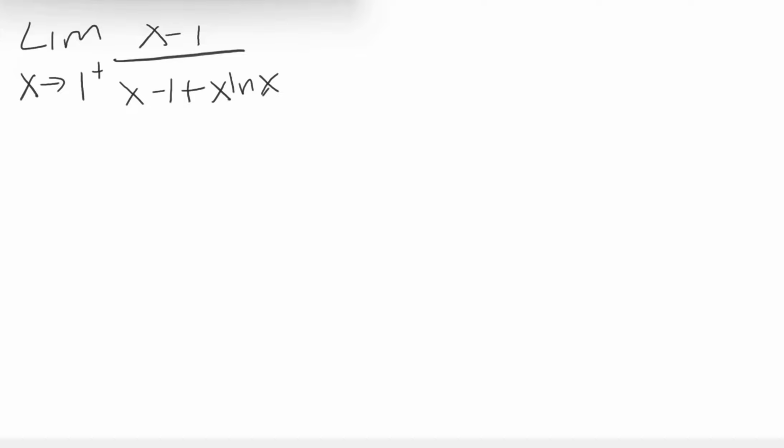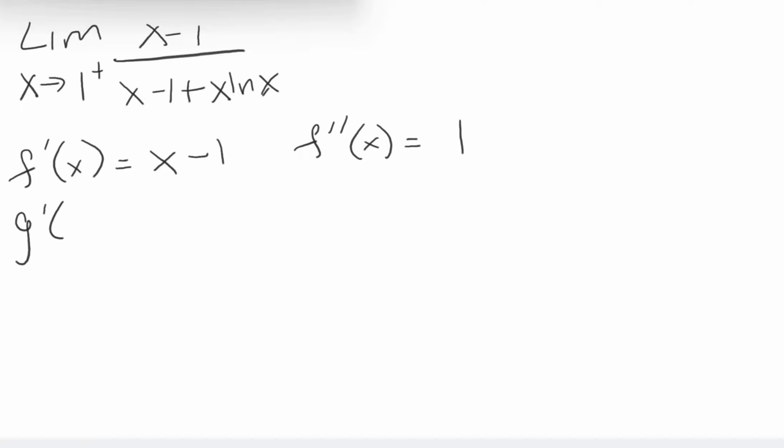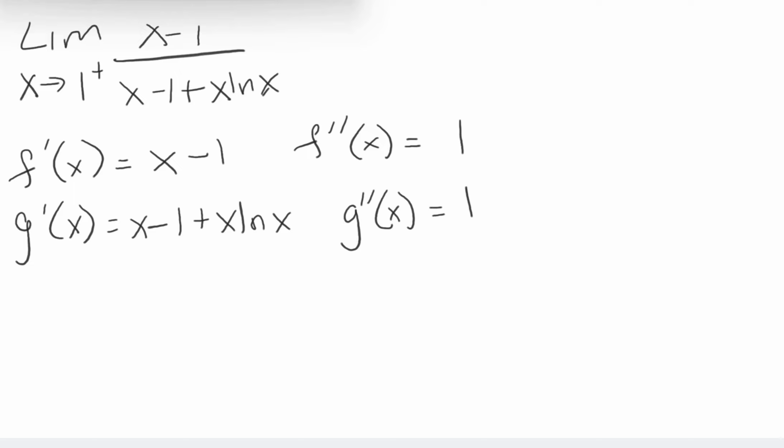So f prime of x, x minus 1, is 1. g prime of x is the derivative of x minus 1 plus x ln of x, which is 1, and then we have to do the product rule on x ln of x.